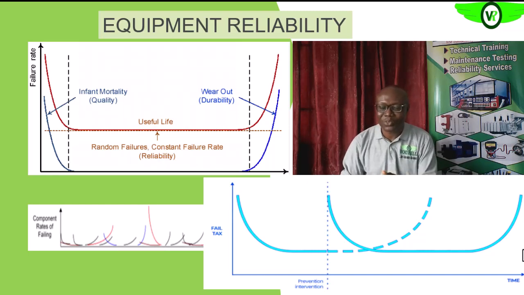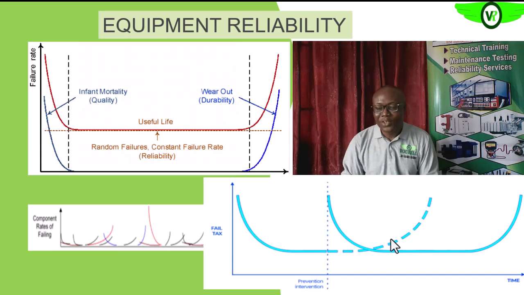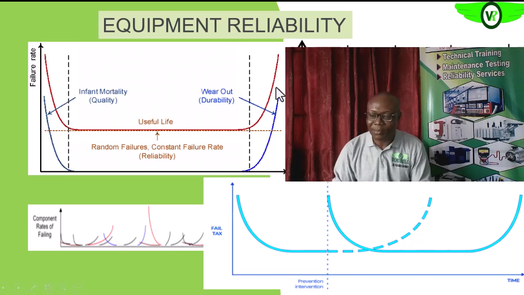This is what actually informs those PM intervals. And that is what we are seeing here. This determines our PM intervals, the regular interval, because of the assumption that that component will be going into this stage.